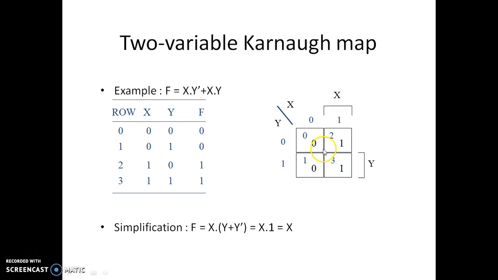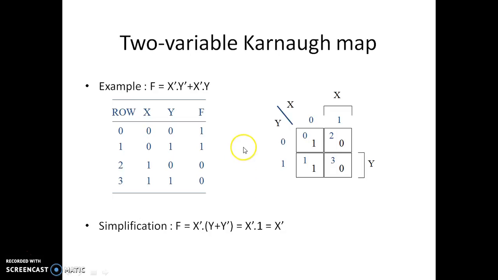With the help of the K-map we can minimize or simplify the function. The minimization of the given function is X, as this is the grouping of ones in the X column. That's why the answer of this function is F equals X.